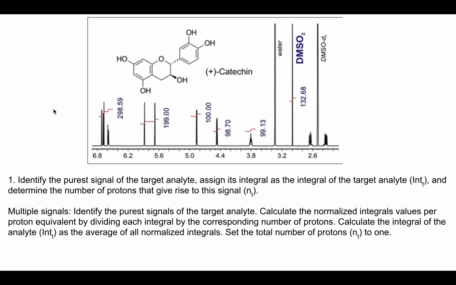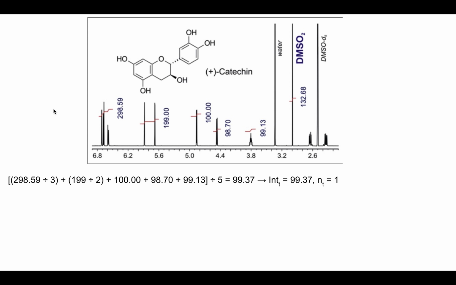Then you need to calculate the normalized integral values per proton equivalent by dividing each integral by the corresponding number of protons. Then you want to calculate the integral of the target analyte as the average of all normalized integrals. Then you set the total number of protons, N sub T, equal to 1. And the authors followed the latter.